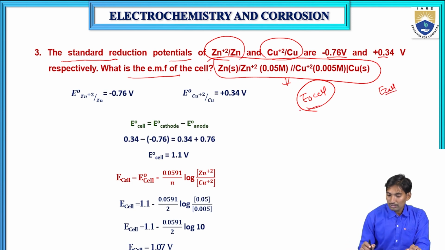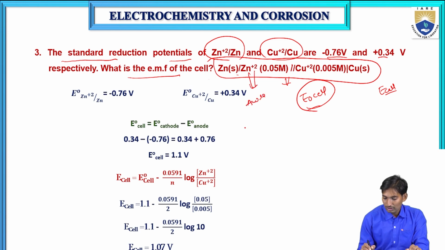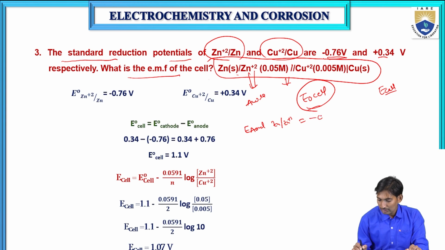In this cell representation, the left side one is the anode. So E anode for zinc to zinc plus 2 is minus 0.76 volts, as he has given. The right one is the cathode, which means Cu plus 2 to Cu is given as 0.34 volts.